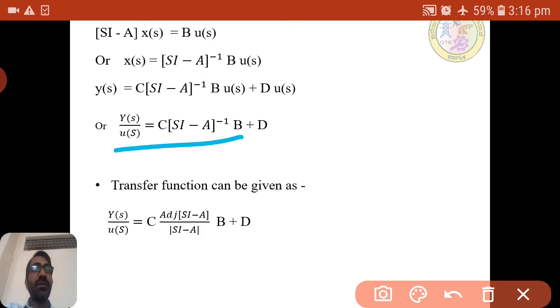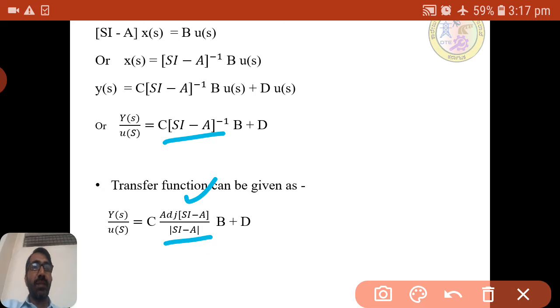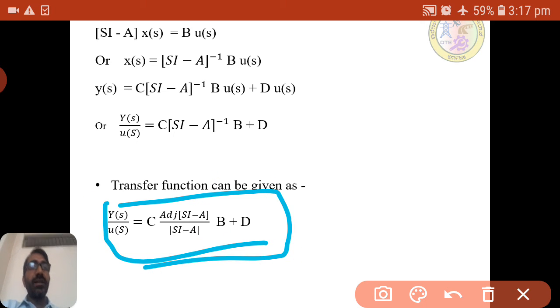Taking U of s as common, Y of s divided by U of s is equal to C into (sI minus A) inverse into B plus D. We already know that (sI minus A) inverse is equal to adjoint of (sI minus A) divided by determinant of (sI minus A). So the final equation, the transfer function, is C into adjoint of (sI minus A) divided by determinant of (sI minus A), into B, plus D.